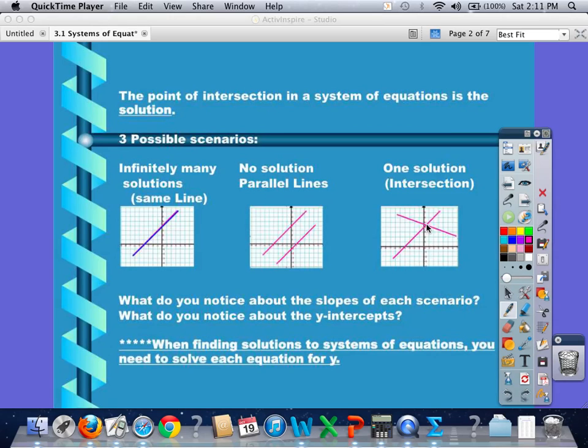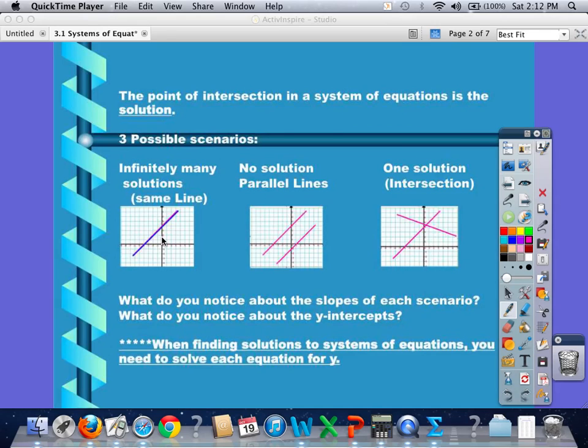So what did you notice about the slopes of each scenario? The one that has infinitely many solutions, same slope. The one that is parallel, same slope. But the one that has one solution, different slopes. What did you notice about the y-intercepts?